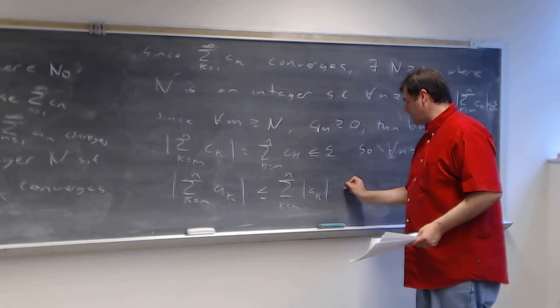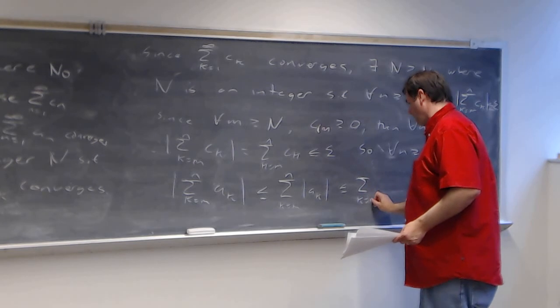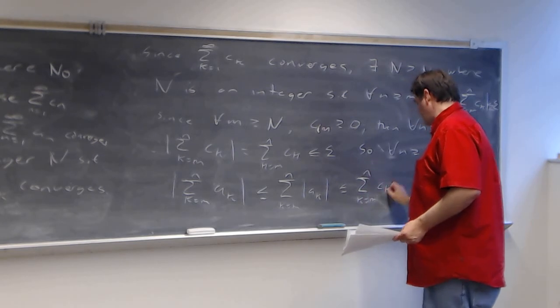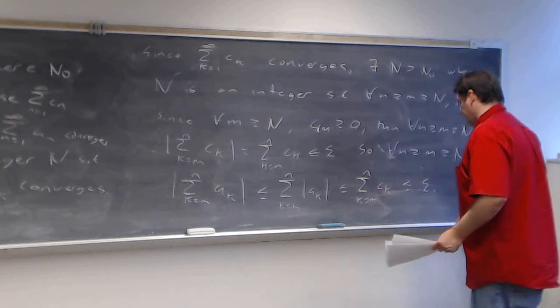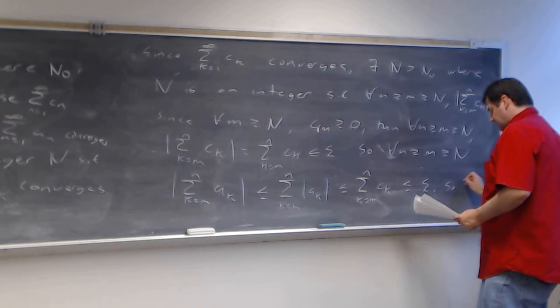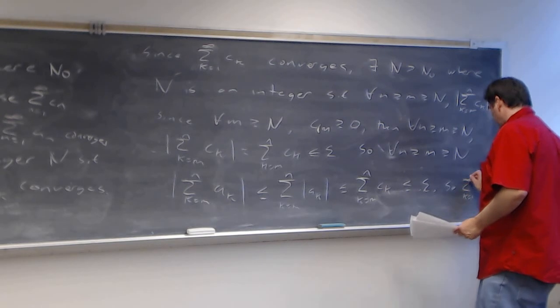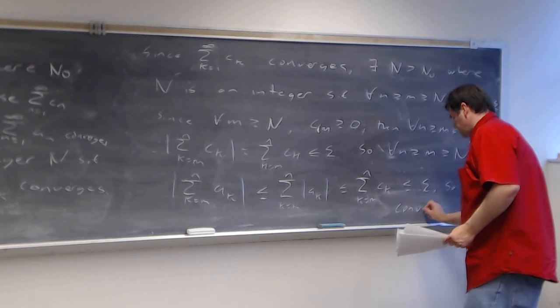And then that's going to be less than or equal to this sum of the c sub k's, and that's less than or equal to epsilon. And so by the Cauchy criterion, that means that this sum, as k runs from 1 to infinity of a sub k, converges.